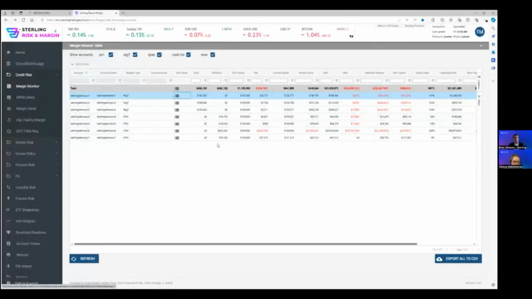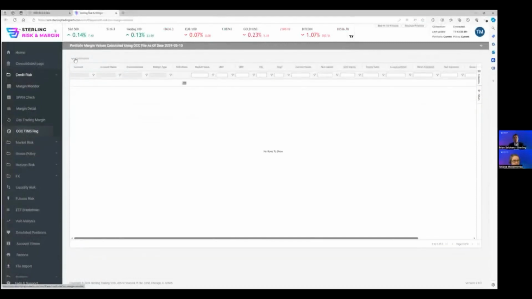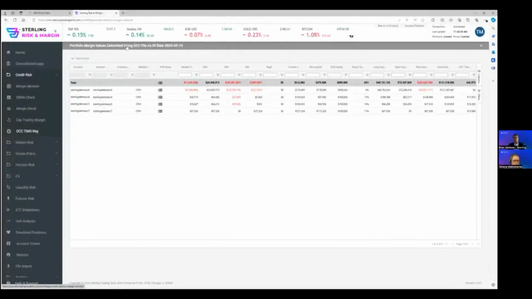In addition to that, for portfolio margin accounts, we also calculate the actual regulatory estimate on this page, OCC TIMS Reg. Here, you see it says on the top that PM values are calculated using the OCC file from yesterday. So here, our numbers are calculated using the values from the actual OCC file, which makes them the official regulatory numbers.